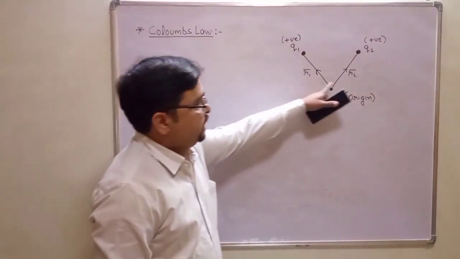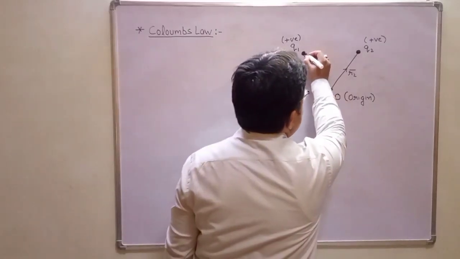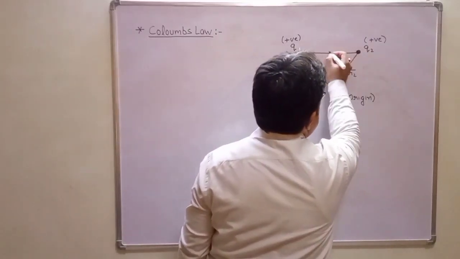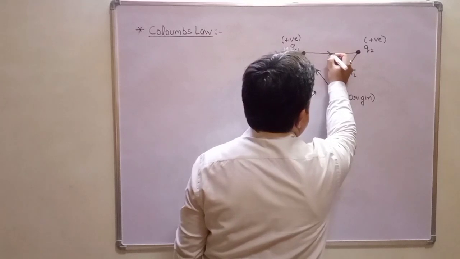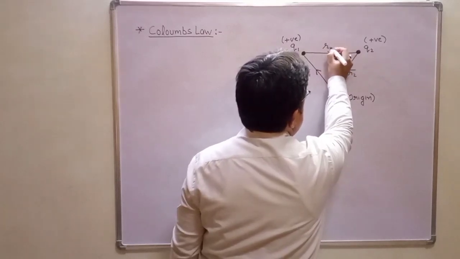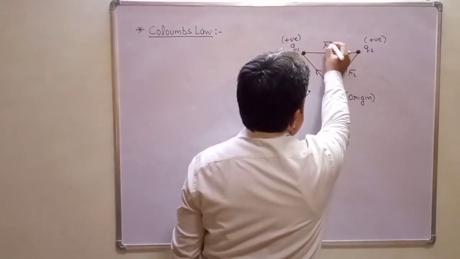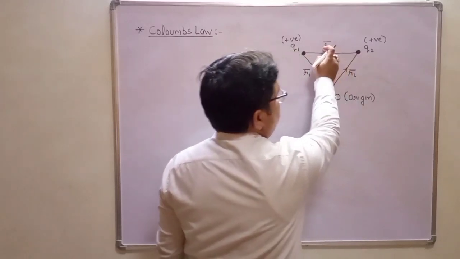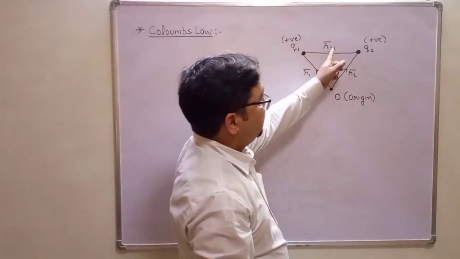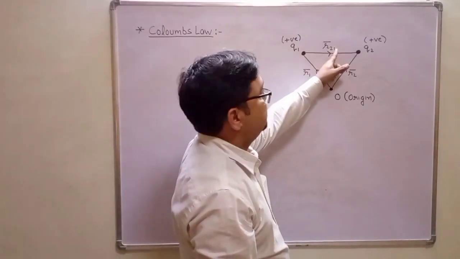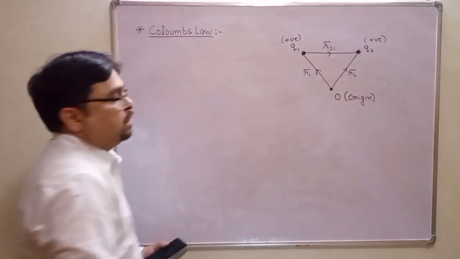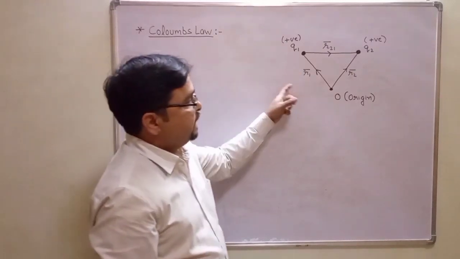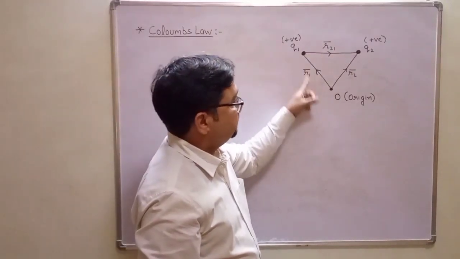If we know R1 and R2, we can easily find out the vector R21. The vector between 1 and 2 will be R21. So this is vector towards 2 from 1. I think it's clear from the diagram. This is the position vector of Q1.